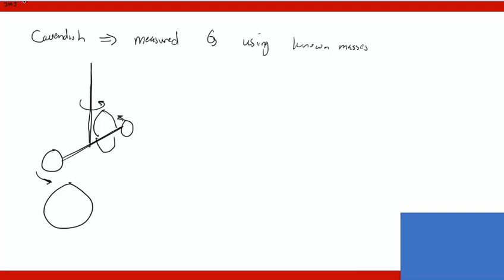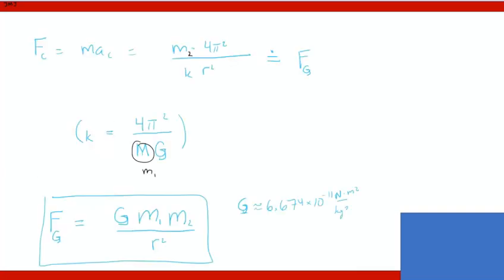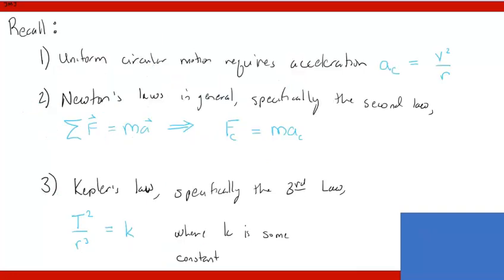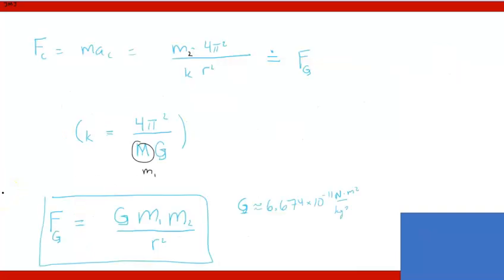The other thing is that now that we know what G is, we can figure out things like the mass of extraterrestrial objects or even of the Earth by working this Newtonian synthesis in reverse, to get how the period is related to the distance but also to the mass of the object. Remember that in Kepler's law, T squared over r cubed is just some constant. That constant has in it the mass of the attracting object.